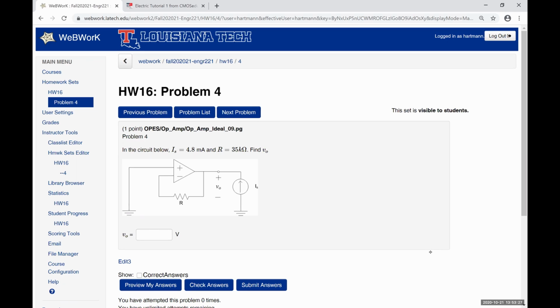Zero, right. So if we start here at the bottom and we do Kirchhoff's voltage law, we have 0 volts plus 0 volts plus 0 volts plus V out is equal to 0, which means V out is equal to 0. This guy right here should be fairly straightforward. What's V out going to be?